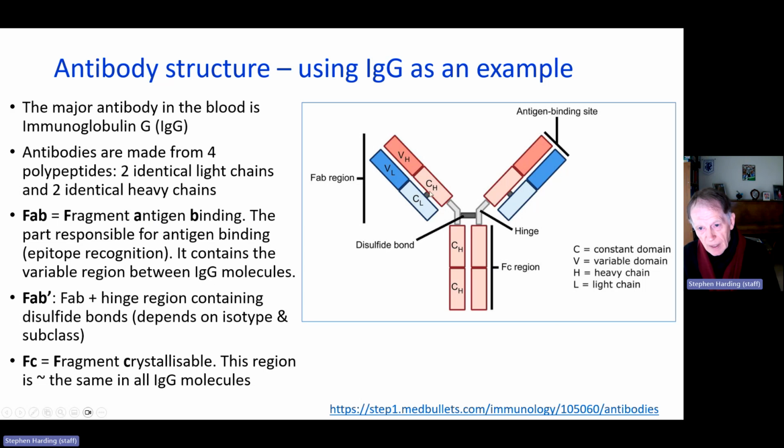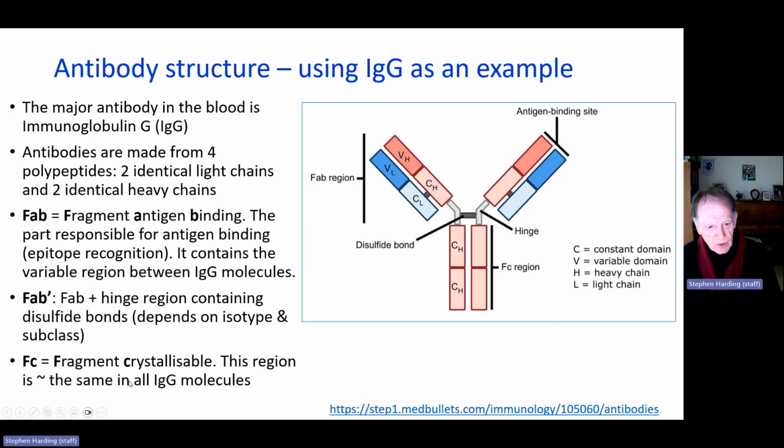And you have disulfide bonds holding the heavy chain and light chains together. So the number of disulfide bonds in the hinge region and the length of the hinge region depend on the isotype and subclass.